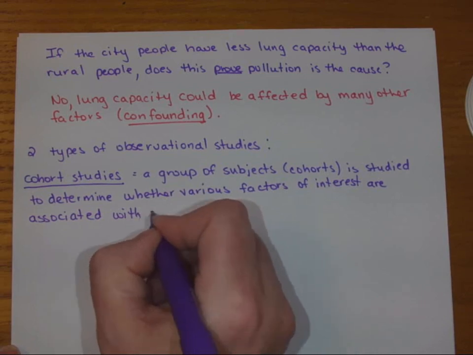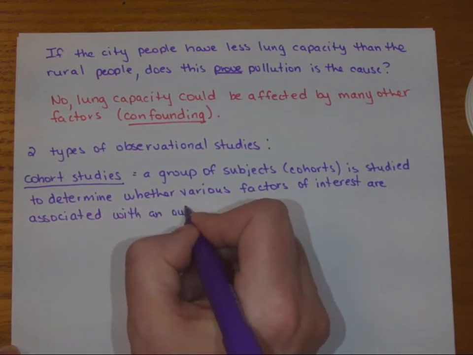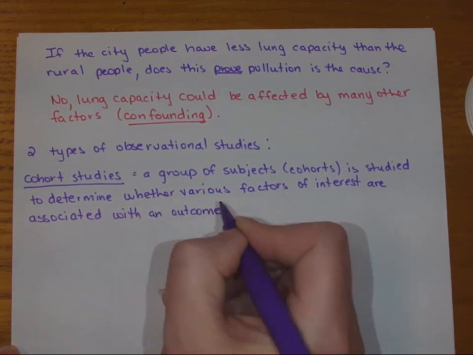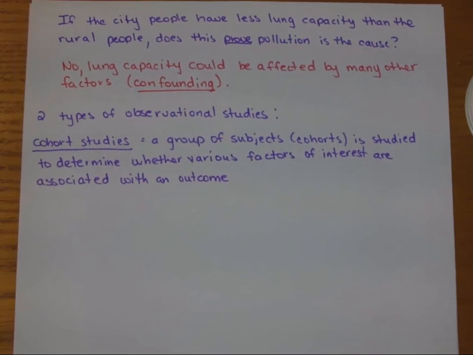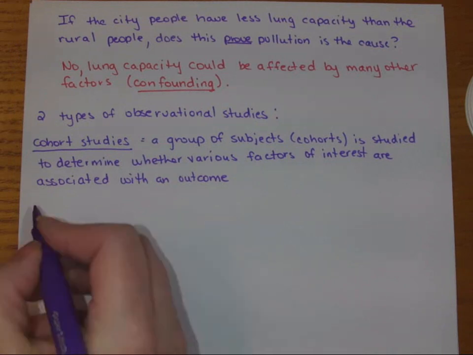So I've seen documentaries that will study a class full of kids or something, and they'll follow that class of kids up throughout the years. Okay, so they're taking a group of subjects at a time and they're kind of studying them all together. Okay, that's what a cohort study is.